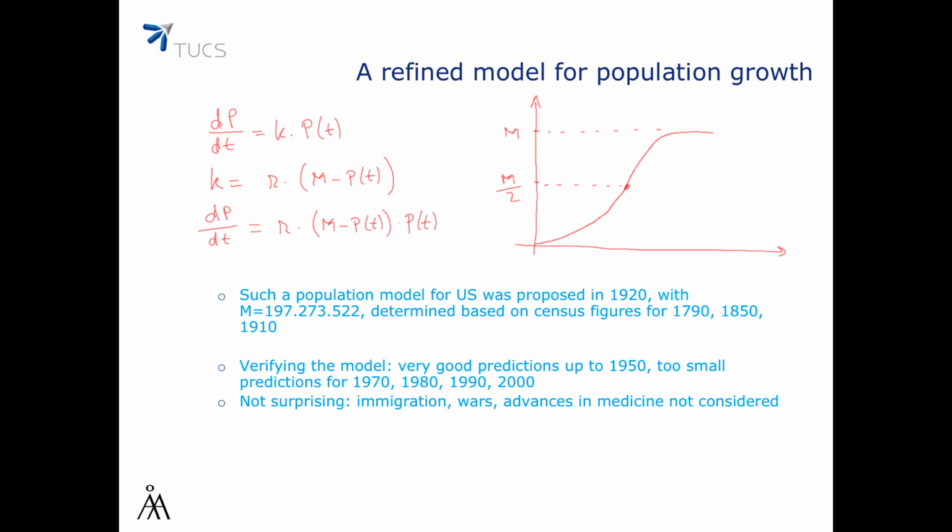Such a population model for the US was proposed in 1920, with M being about 197 million, determined based on census figures for 1790, 1850, and 1910.